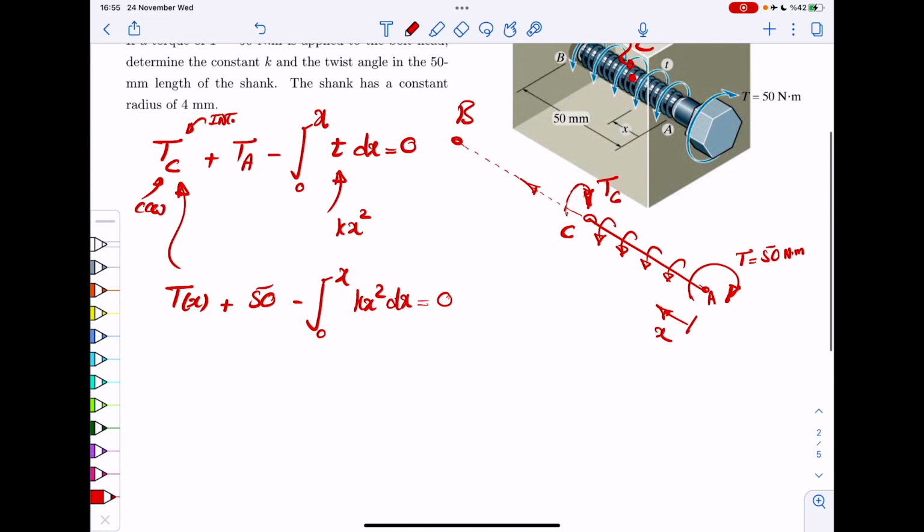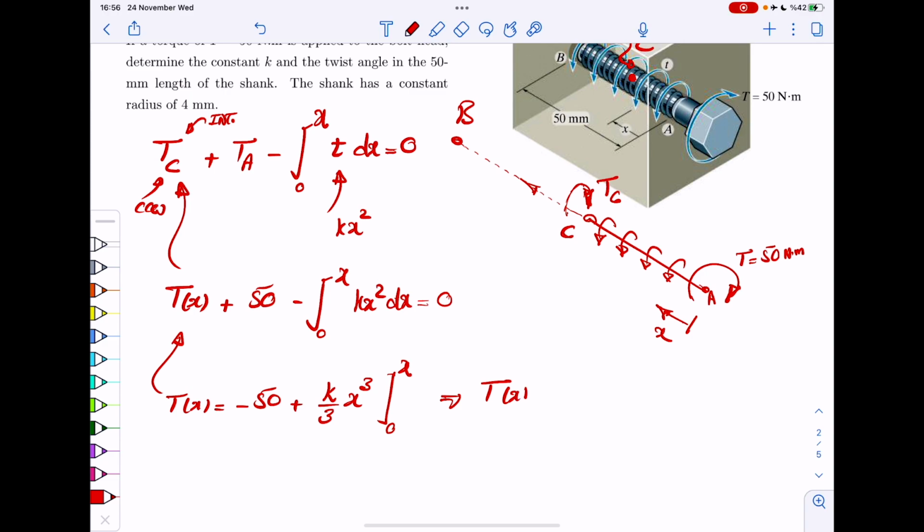Okay, so that tells you T of x is minus 50 plus the integral from 0 to x of kx squared. Now, the integral of that is kx cubed divided by 3. So it's k divided by 3, x cubed from 0 to x. At 0, it's just 0. At x, it's basically x. So this gives you t as a function of x.